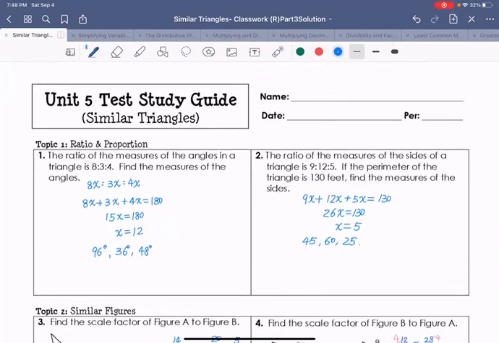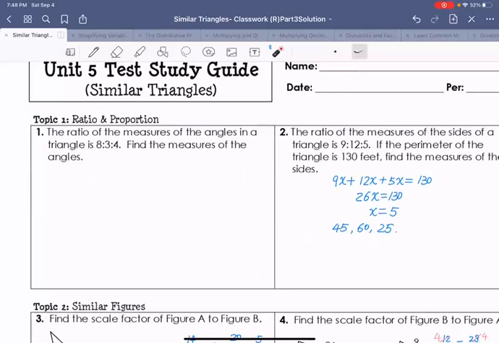Now let's see. Annie, please read the first question. The ratio of the measures of the angles in a triangle is 8 to 3 to 4. Find the measures of the angle. Well, we don't know any of the angle. We only know the ratio.